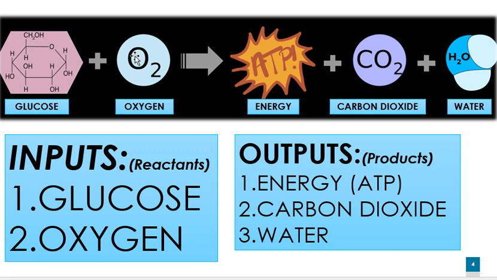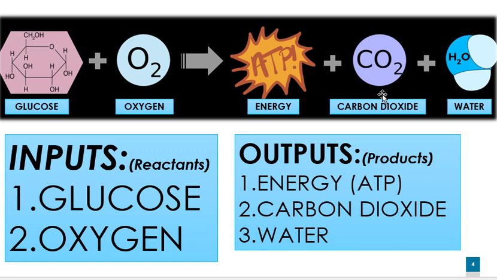Now, the outputs after that, we have the ATP. What is ATP again? A for adenosine, T for tri, and P for phosphate. This is the highest form of energy needed by the cell to function. So energy, and aside from that energy, the waste product, which is carbon dioxide.